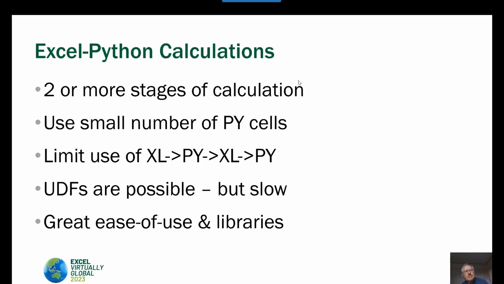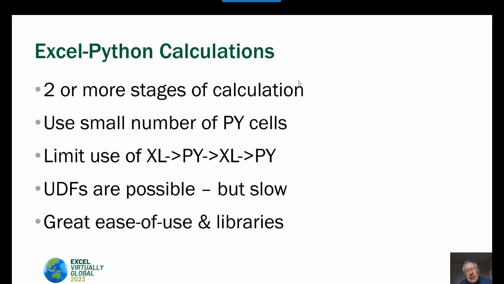So let's wrap this up. We've looked at how the interaction between Excel and Python works in quite a lot of detail. We've discovered some of the gotchas and some of the good things, different stages of calculations.